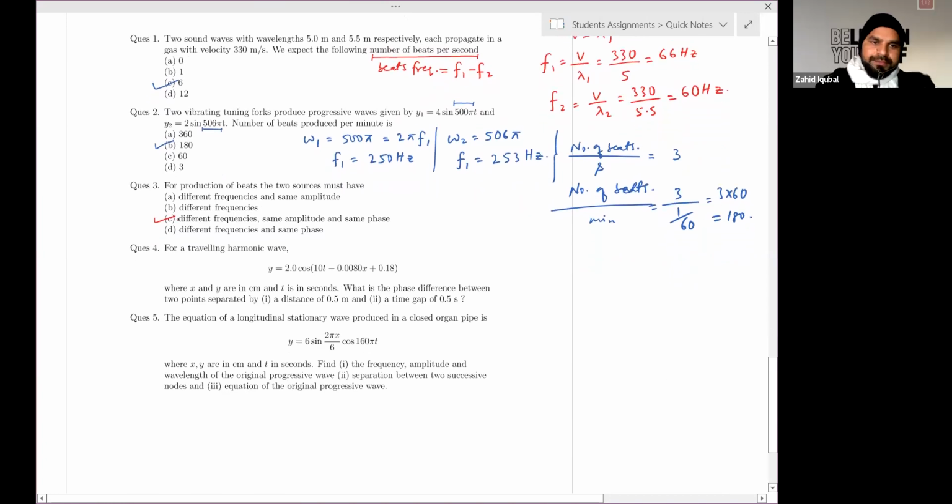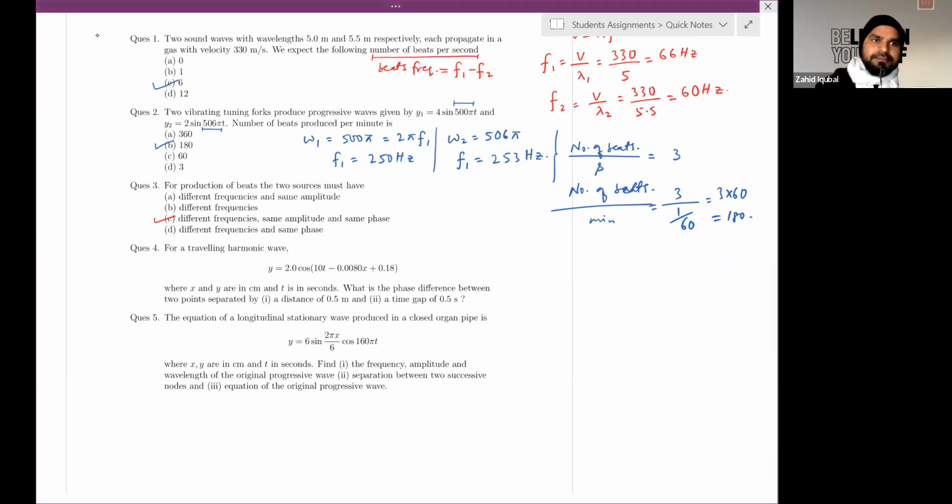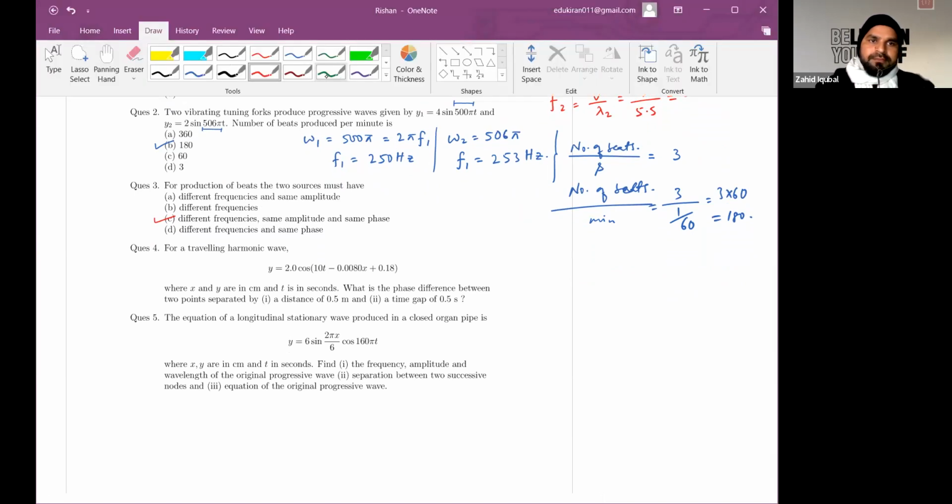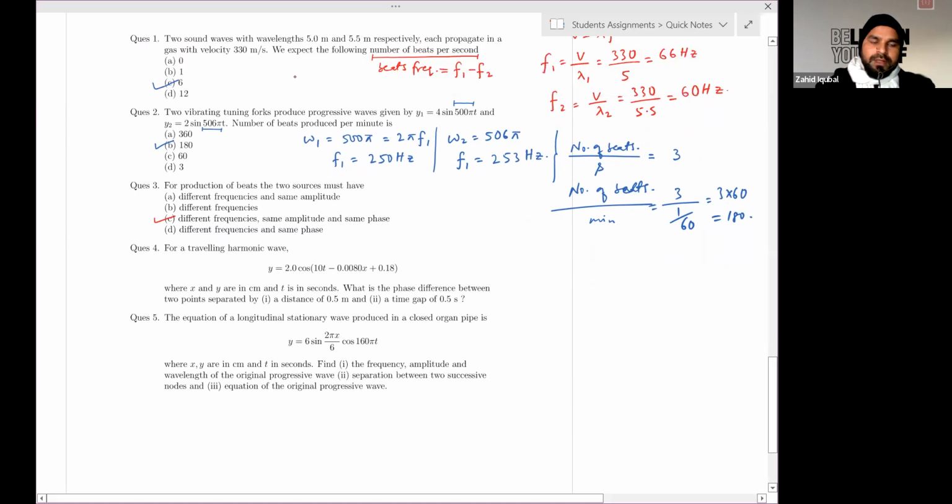Question number 4. A wave y equals 2 cos(10t minus 0.0080 x plus 0.18).